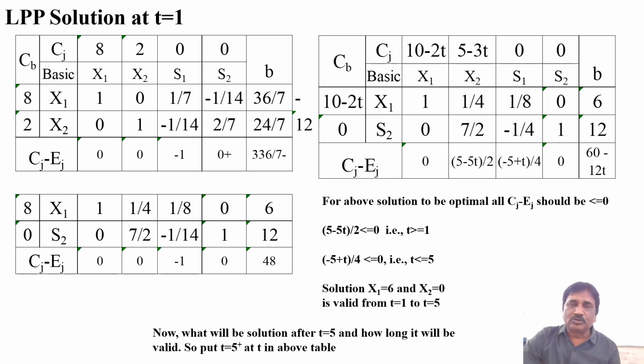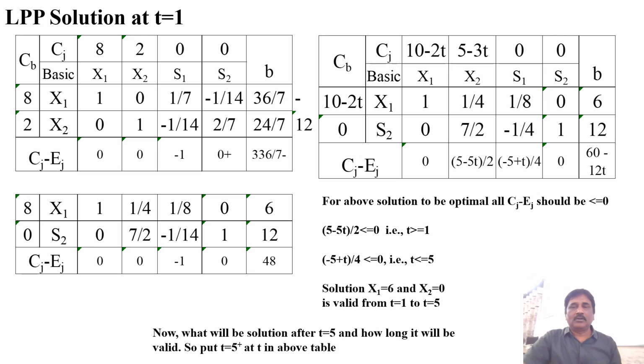So when S2 is becoming an entering variable, I need to find which variable will become the leaving variable. For that, I need to find the replacement ratio, B by key column. This is the key column. So 36 by 7 divided by negative, so it will be a dash, because the replacement ratio is not negative.